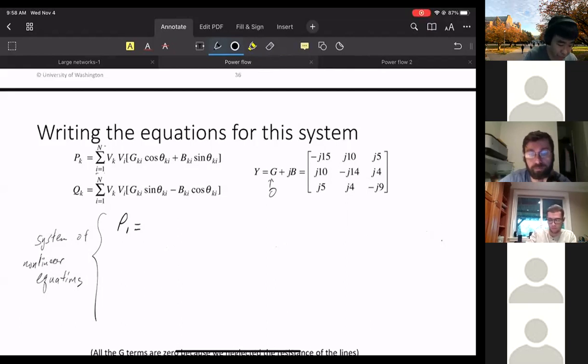The first term is V1 squared, V1 times B11. So what's B11? You read it off this term, the B matrix.